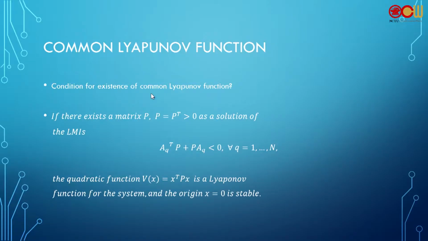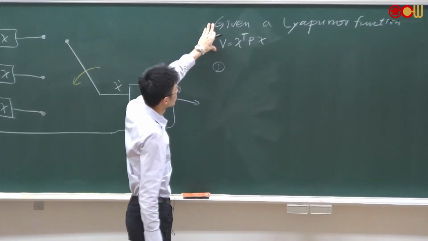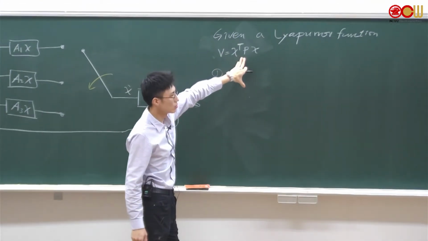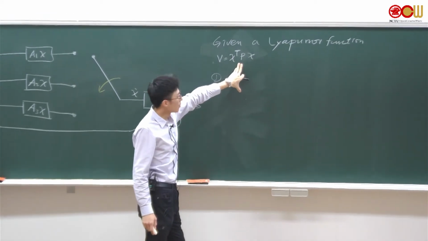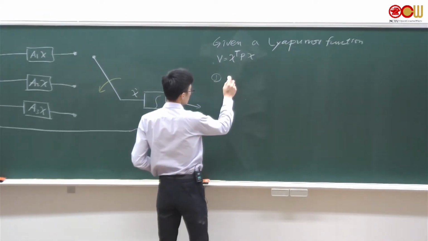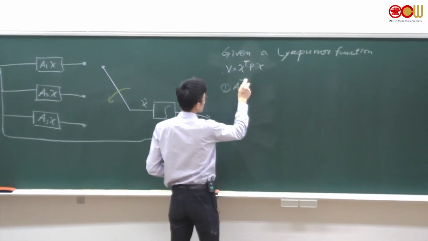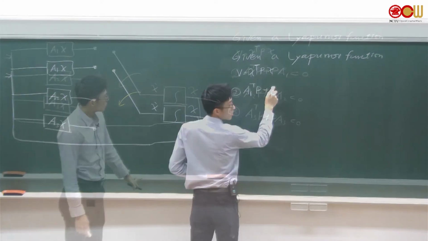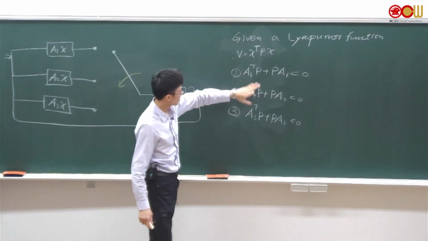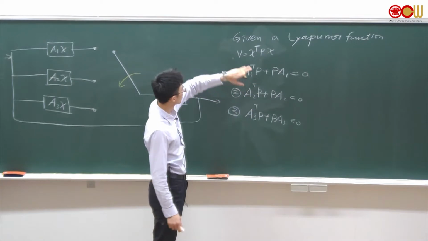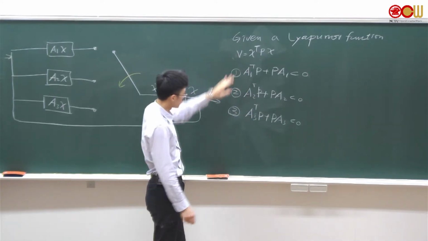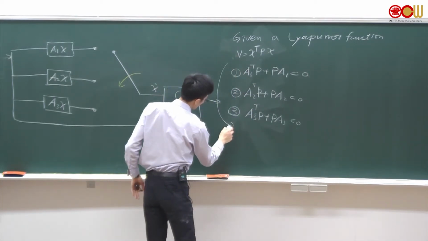So the condition is, given a Lyapunov function, the P is unknown, you need to find P. And the way to find P is you need to satisfy these 3 conditions. If you can find the P that satisfies these 3 inequalities, you can say this Lyapunov function is a common Lyapunov function.